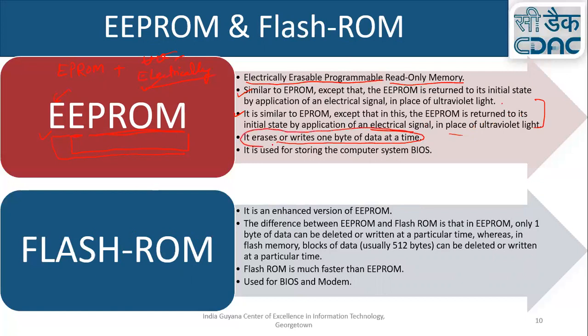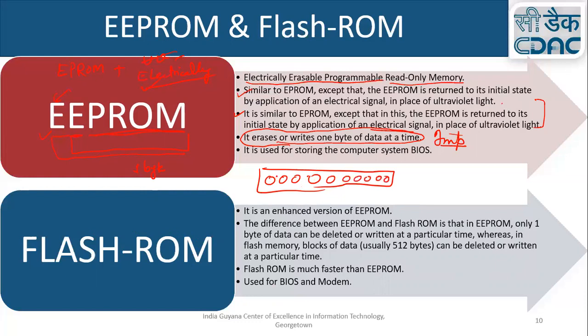See this point. This is the important point. In EEPROM, you can write or erase only one byte of data at a time. Suppose you have 10 bytes of data: 1, 2, 3, 4, 5, 6, 7, 8, 9, 10.